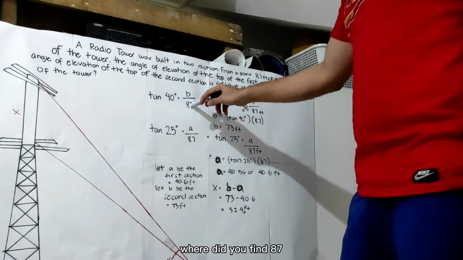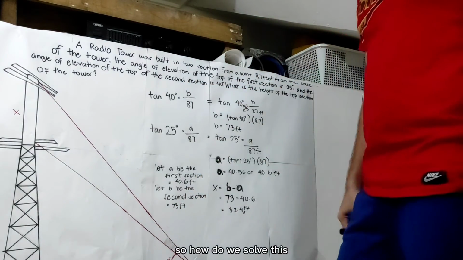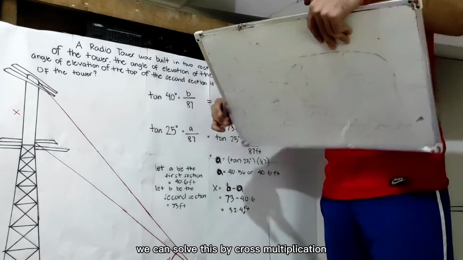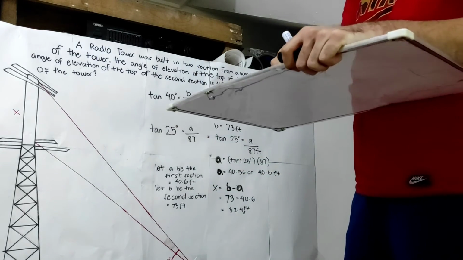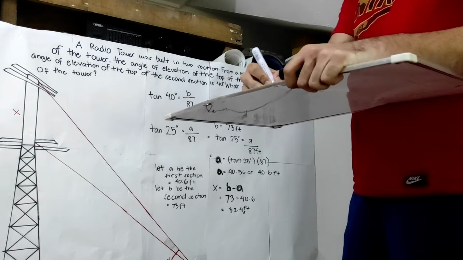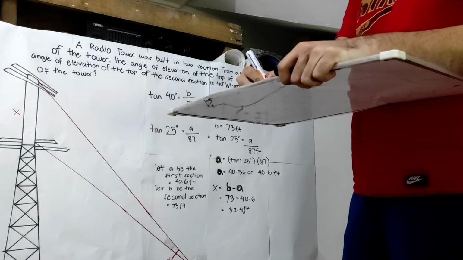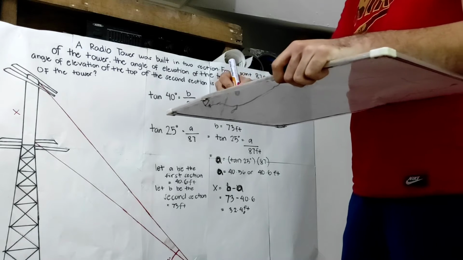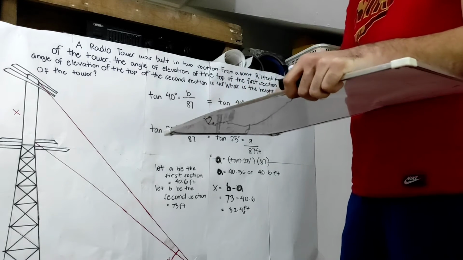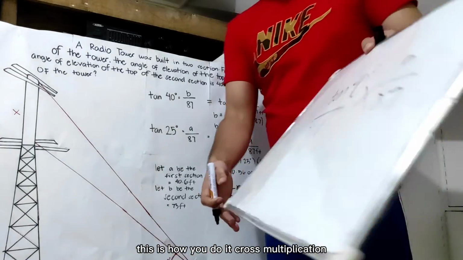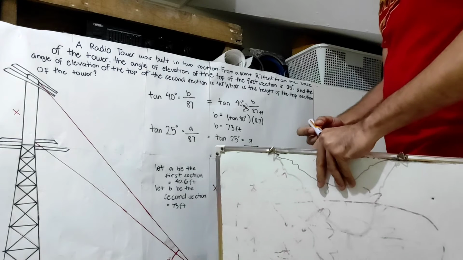Where did you find the 87? It is the adjacent, the 87 feet. So how do we solve this? We can solve this by cross multiplication. This is how we do it.